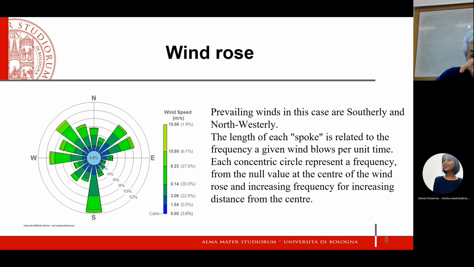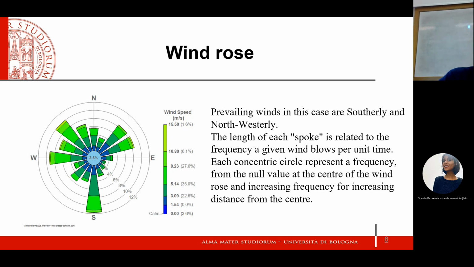Now, what is the windrose describing? Let's focus on the south direction, which is the direction where we have more of the dominant wind. First, you see in the center of the rose a blue circle, with an indication of 3.6%. What does this mean? It means that it's a calm situation.